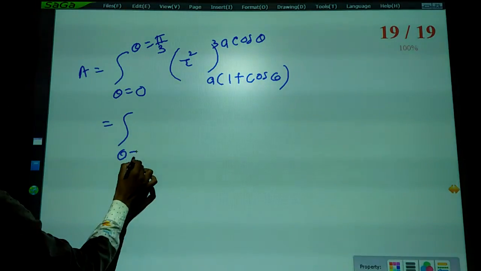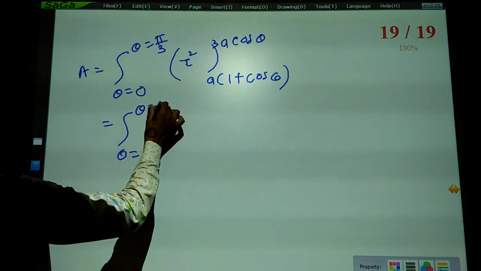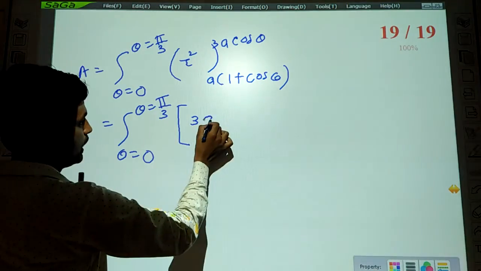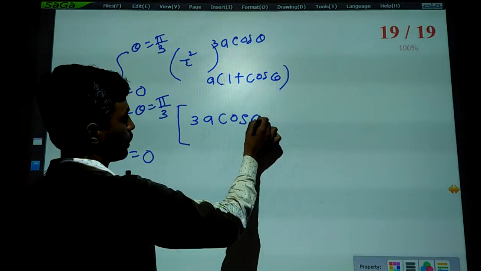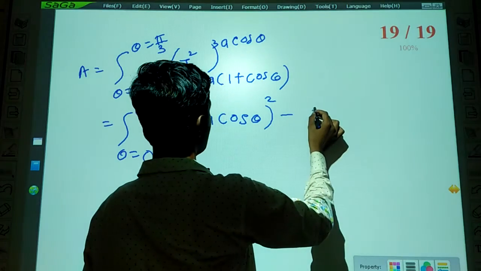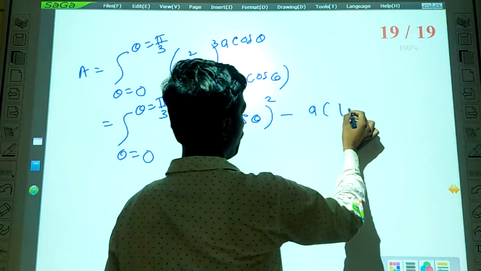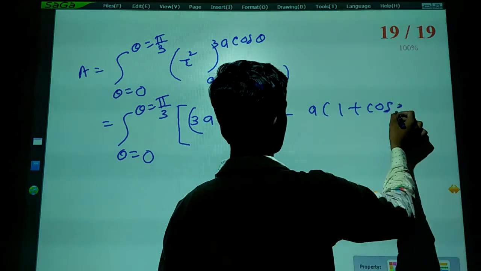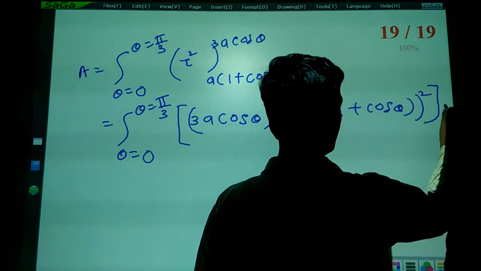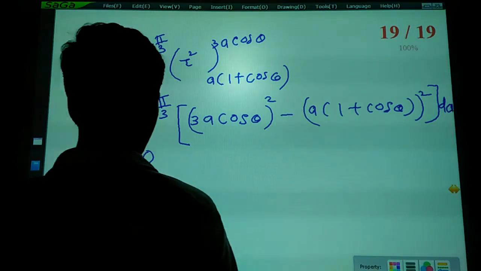So theta is equal to 0 to pi by 3, upper limit 3a cos theta whole square, minus a times 1 plus cos theta whole square, d theta.